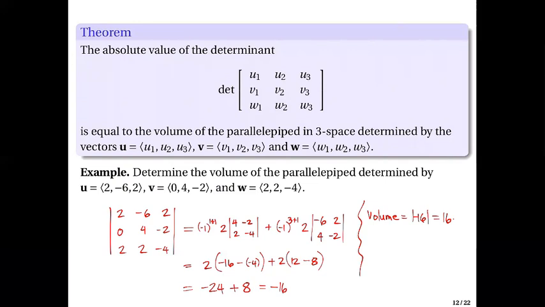Oh yeah, that's a good observation. One would think that I did this because they're both 2, and here 2 and 2 also. But I'm doing the expansion along the first column. Okay, other questions?